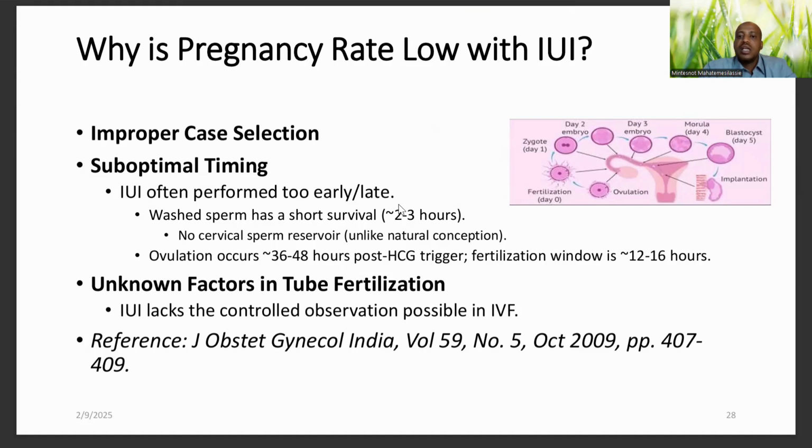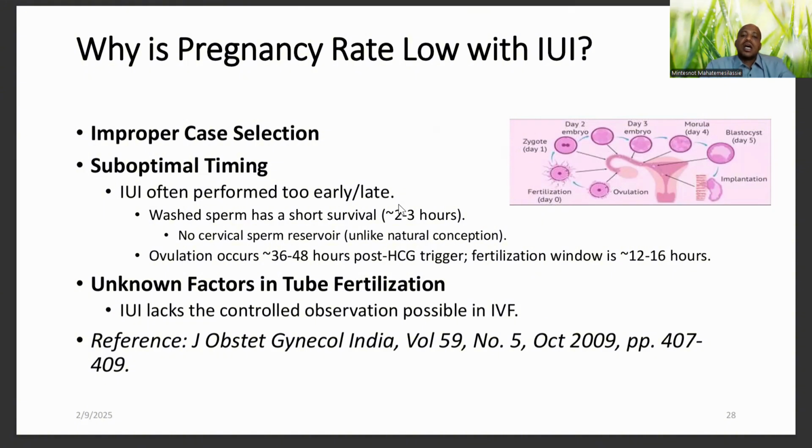In a natural cycle, after intercourse, some of the sperm may stay inside the cervix. But in the case of IUI, once you bypass the cervix, there is no reservoir, so you have a short time to have fertilization. Another thing, you have to do insemination 36 to 48 hours after HCG. If you do it late, the chance of fertilization is less because you have a fertilization window of 12 to 16 hours.